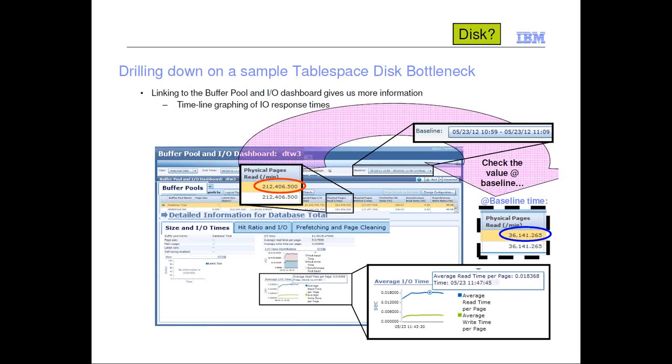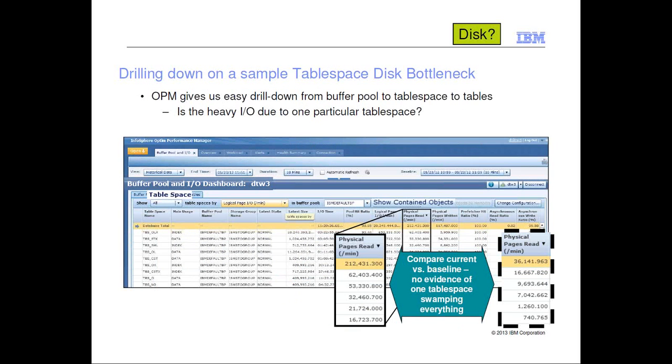It's just that there are a lot many pages being picked up from each of those table spaces as compared to the baseline. So this is not a case where a lot of I/O is happening against only one table space, and so nothing would probably need to be done on the table space side for this particular case.